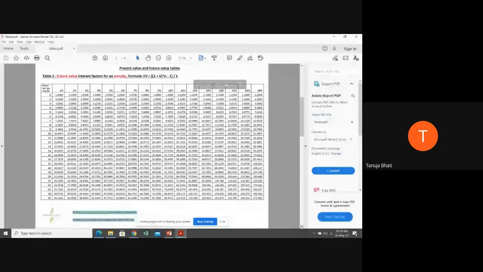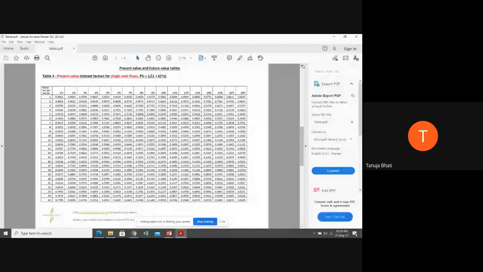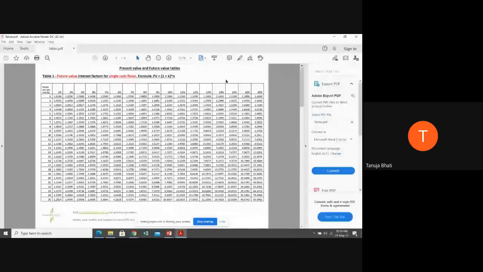Now, how are you supposed to use these in calculating the values, and which table number has to be used for which particular type of sum.